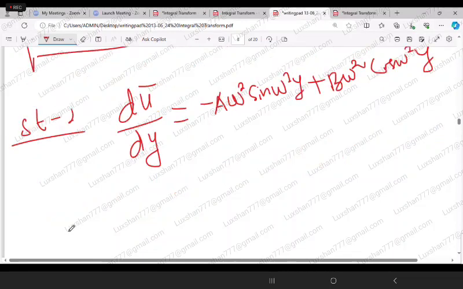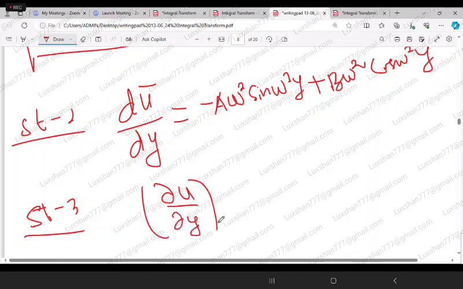Right. Now step number 3, we have 2 initial conditions. We'll now convert the initial condition. First initial condition is d u over dy equals 0 at y equals 0.